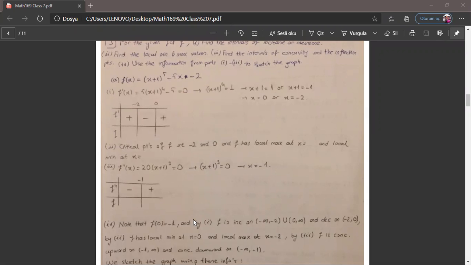So here we see that f is increasing on this and decreasing on that. They are the critical points, and it has a local maximum at this point, which is -2, and a minimum at this point, 0.